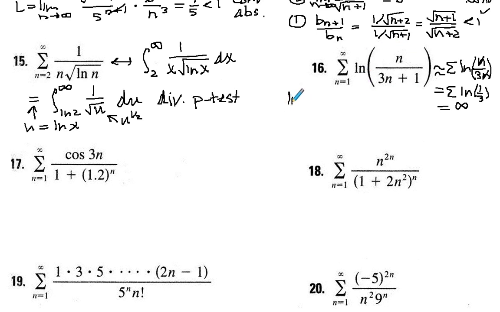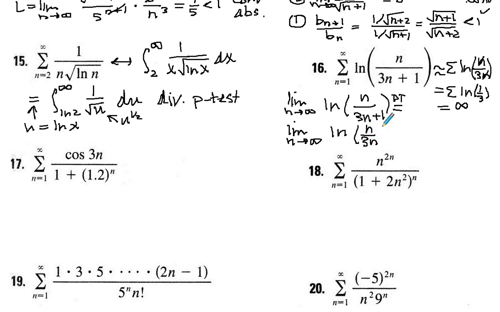If you just take the limit as n goes to infinity of natural log of n over 3n plus 1, then by dominant terms, that's going to equal the limit as n goes to infinity of natural log of n over 3n, and then these guys cancel, leaving a 1 up on top, log of 1/3, so this is natural log of 1/3, which is not equal to 0.